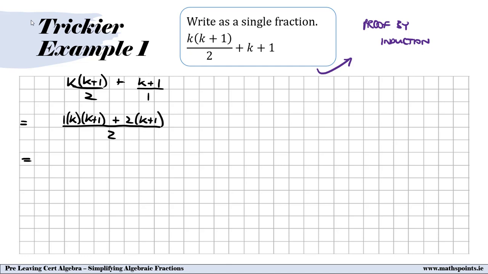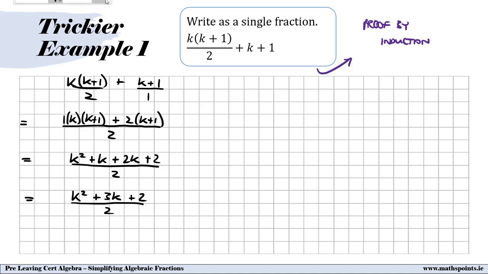I'm going to tidy at the top by multiplying it, so k by k is k squared, k by 1 is k, 2 by k is 2k, and 2 by 2 is 2, and that's all over our common denominator 2. Combining like terms on the top, I have k squared plus k plus 2k is plus 3k, and then I have the 2 at the end, and that's all over 2.